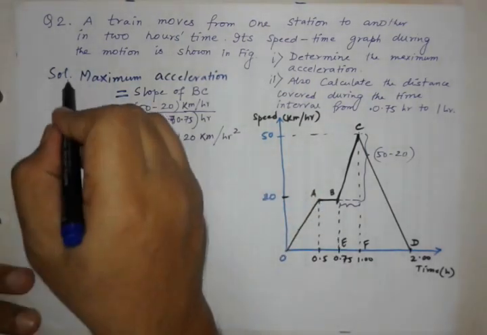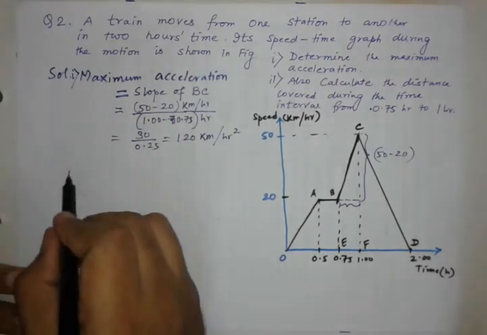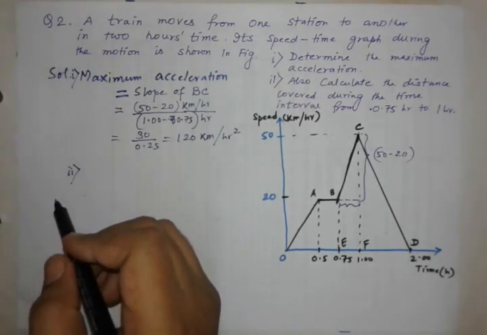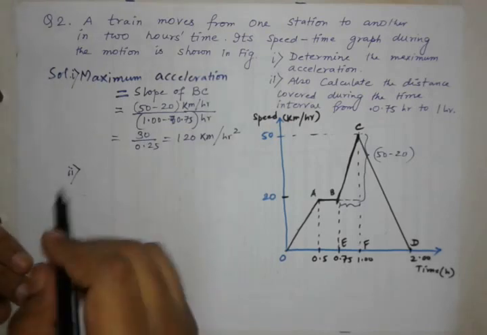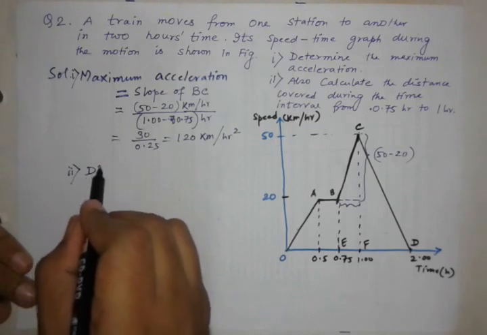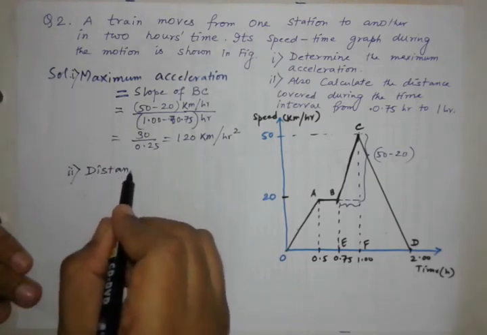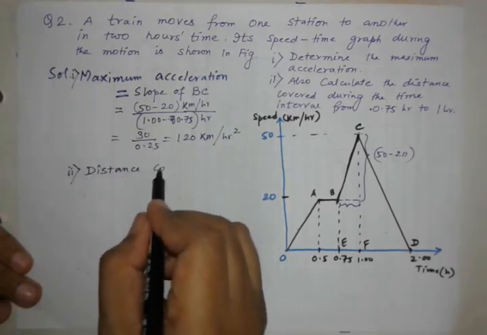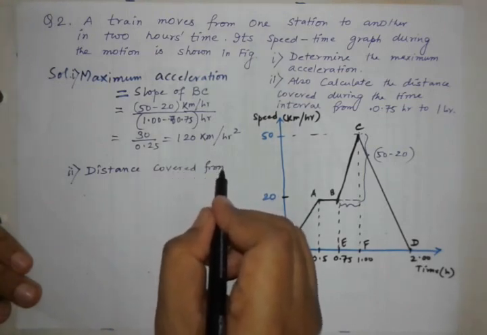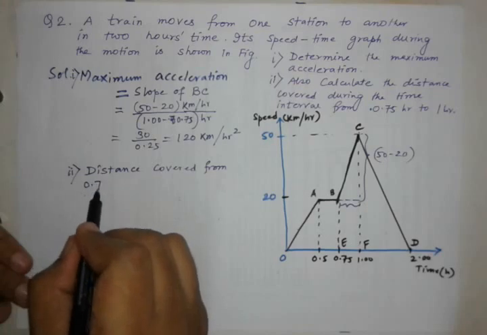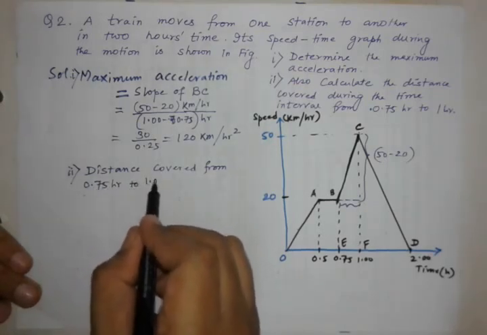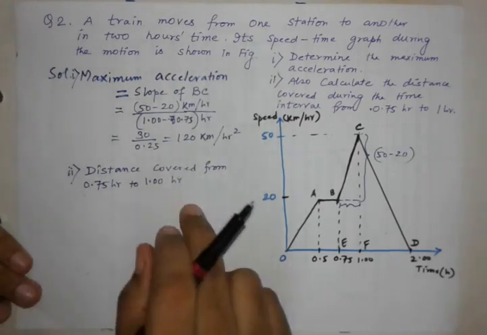So now here is the first one. Next one is distance covered from 0.75 hour to 1.00 hour.